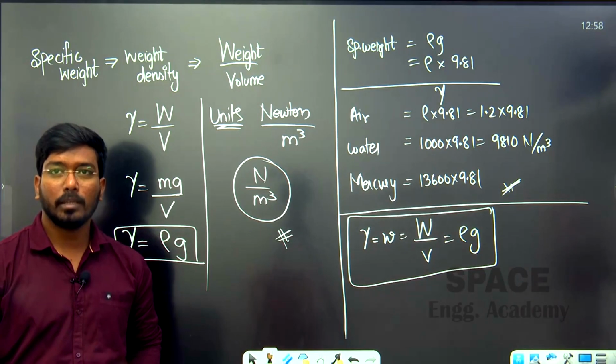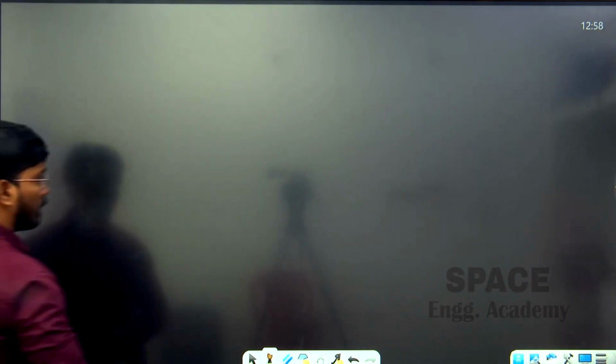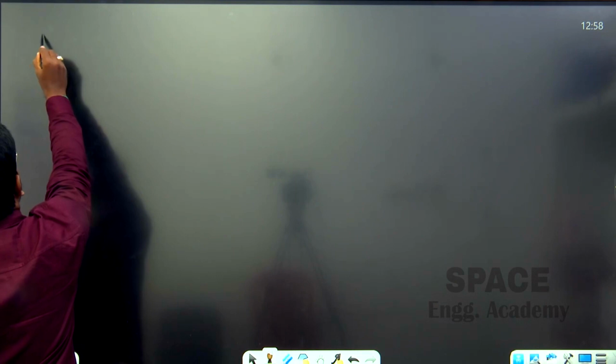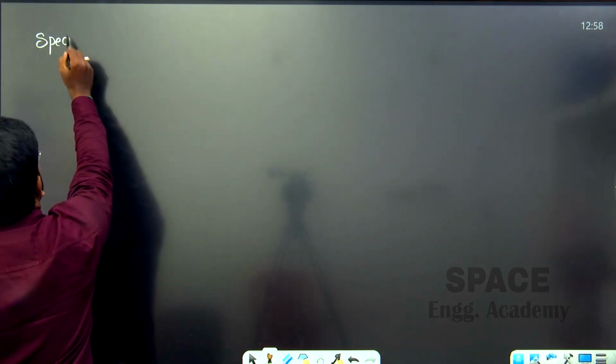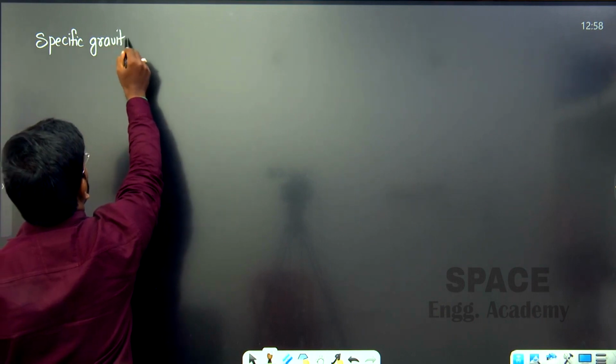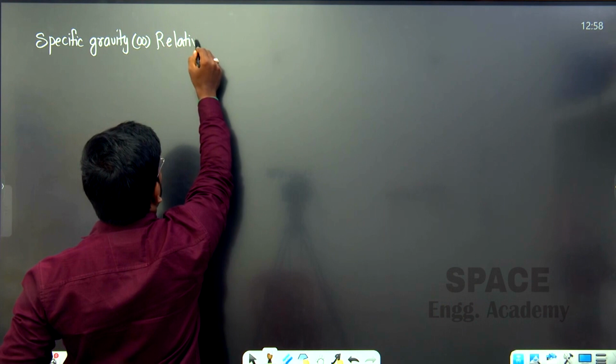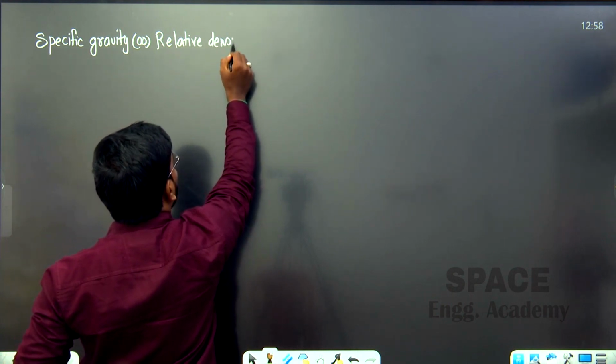So let's continue with the next property that we have now, after the completion of specific weight, which is specific gravity. Specific gravity is also called relative density. The word itself indicates relative density, that is, ratio of densities.